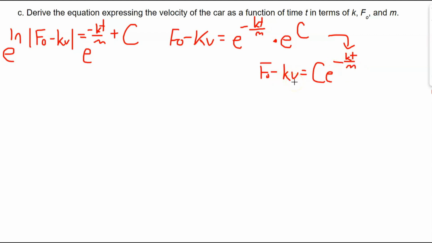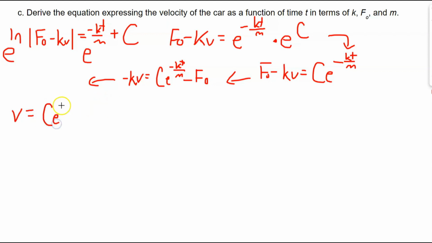So after that, suddenly it becomes much simpler to find v. Subtract both sides by f sub naught to get negative kv is equal to ce to the negative kt over m minus f sub naught, and divide both sides by negative k, and then we get that v is equal to ce to the negative kt over m.